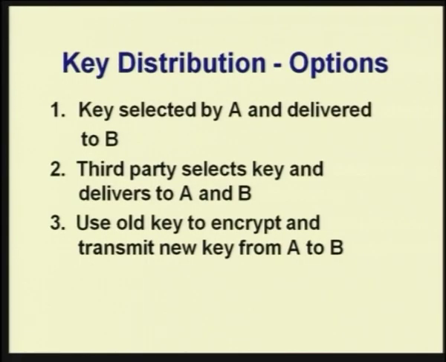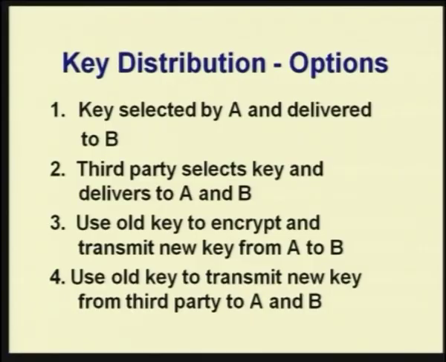A third option is that we use an old key to encrypt and transmit the new key from A to B, which obviously means that they already have some transmission in progress using a secret key, and so we use the old key to encrypt and transmit the new key from A to B. This is a third option. The fourth option that we have is to use an old key to transmit the new key from a third party to A and B.